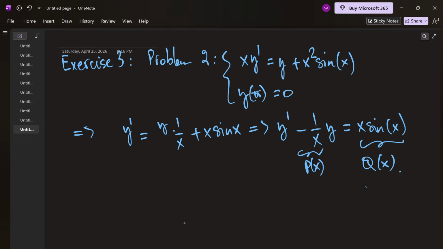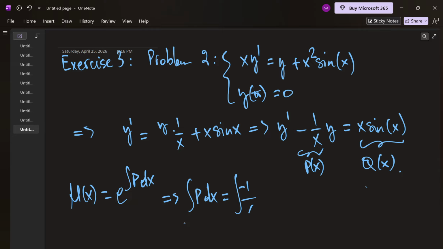So now we use the method of integrating factor. So the integrating factor u is equal to the exponential of the integral of p of x. This implies that the integral of p of x dx is the integral of minus 1 over x dx, which is minus ln of x, which is equal to ln of 1 over x.